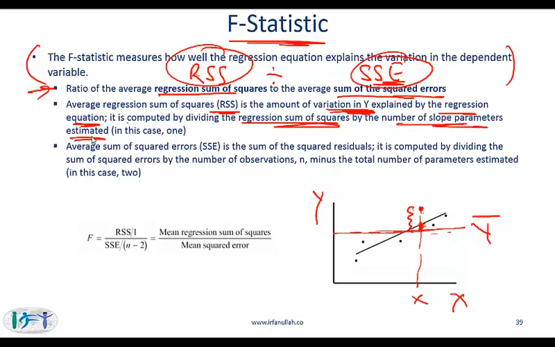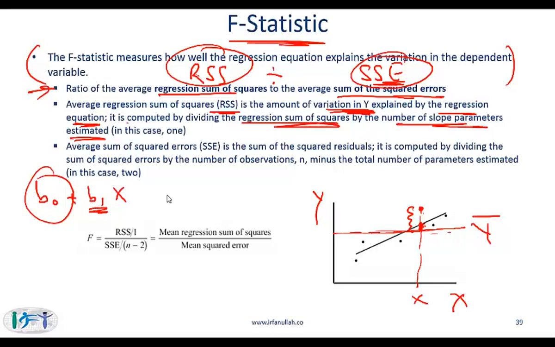What do we mean by the number of slope parameters? Number of slope coefficients. So when you have B0 plus B1x, how many slope coefficients do we have? Only B1 is a slope coefficient. B0 is like an intercept. In this case, there is only one slope coefficient.